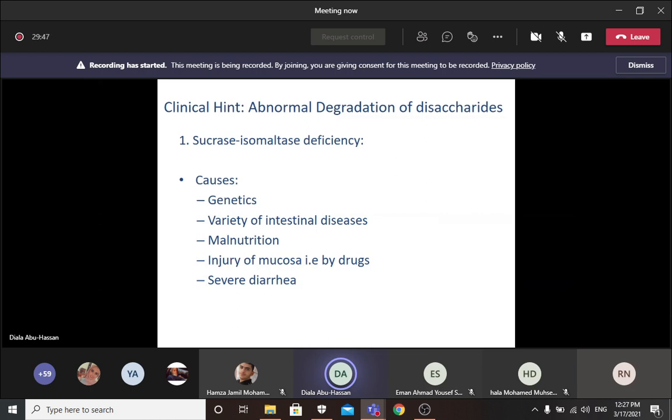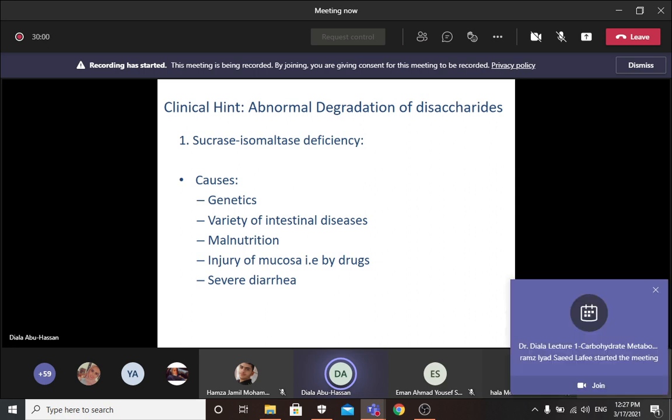In some patients with intestinal diseases, there might be sloughing or loss of the intestinal cells, and definitely we would lose the enzymes associated with these cells. In some cases of malnutrition, there is a deficiency of the enzyme, or it may induce changes in the intestinal cells, and this would interfere with the absorption of these sugars.